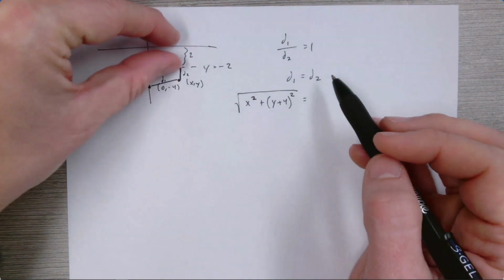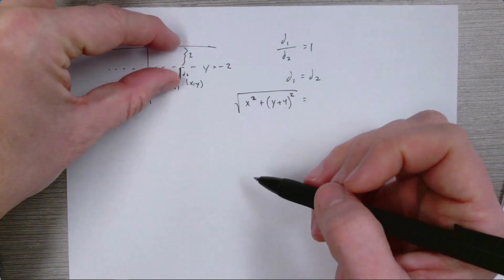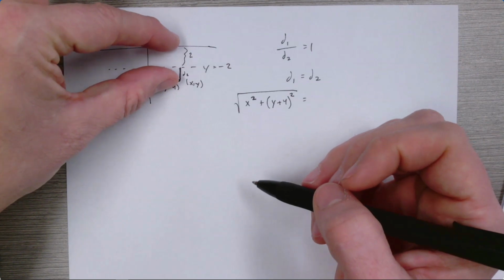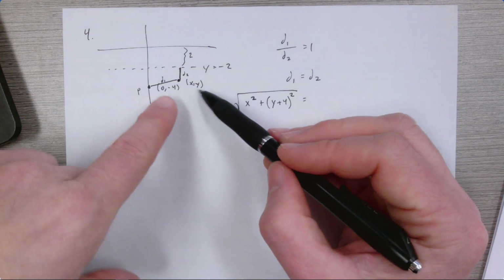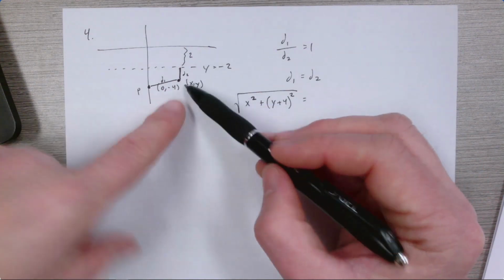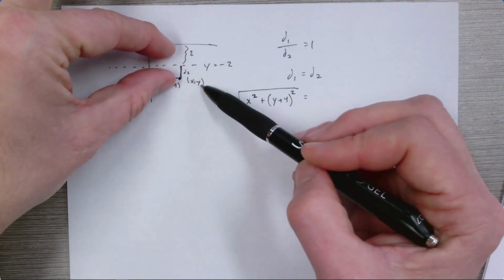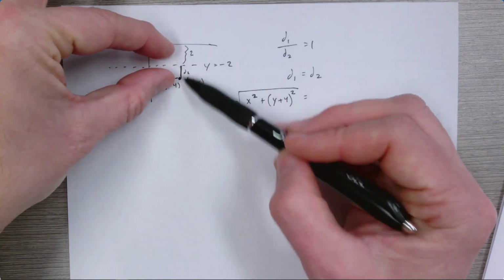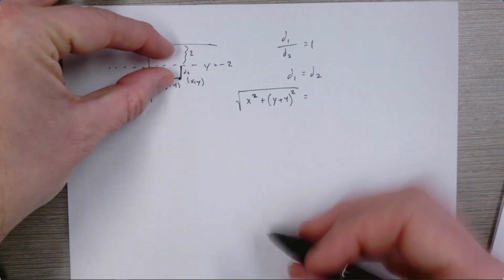And then if I subtract 2, that gives me the remaining bit. The problem is y is a negative coordinate, so this distance isn't actually y. Because imagine that y is like negative 3, for example, which it would have to be because we are below the x-axis here. So if y were negative 3, I wouldn't say that this distance was negative 3. I would say that distance was 3, the opposite of y.